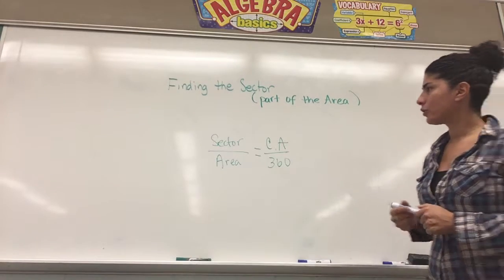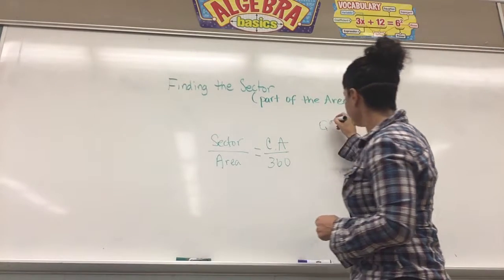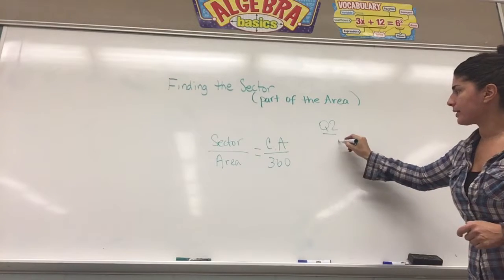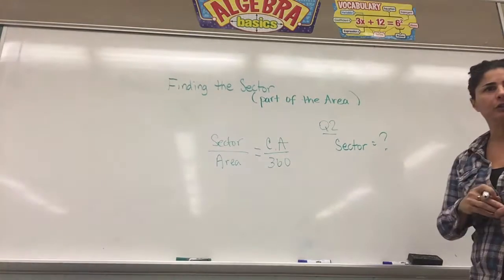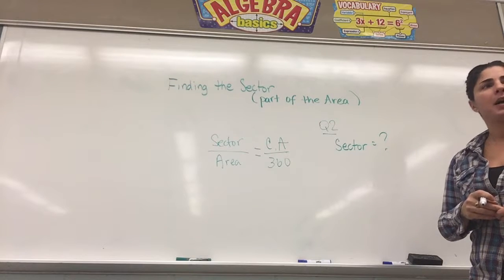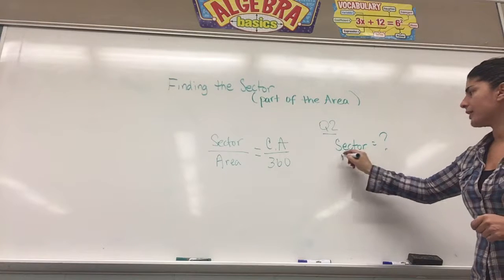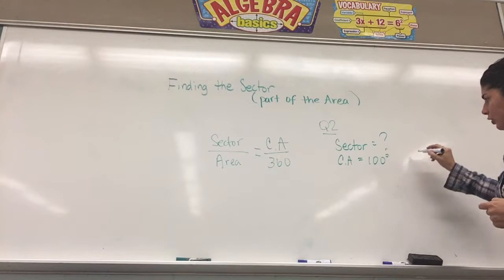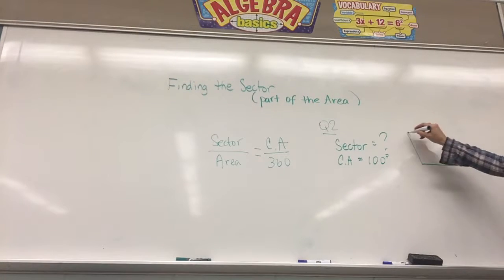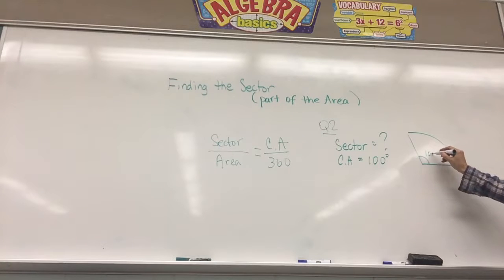Yes. So question number 2 says, what is the sector of a circle? What is the piece of the pie? If the central angle is 100 degrees, so it's going to look like probably this. I'm giving you 100 degrees, and I'm asking you for the area of this piece.